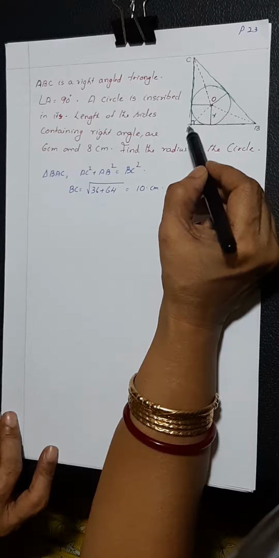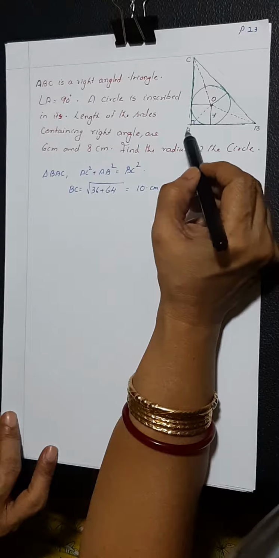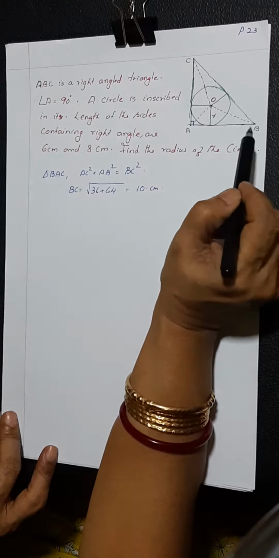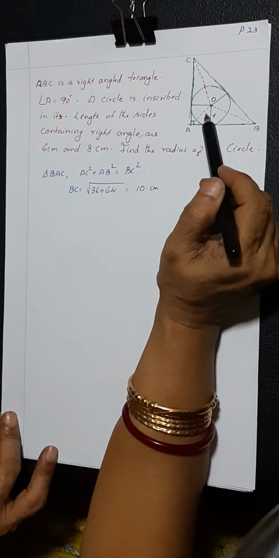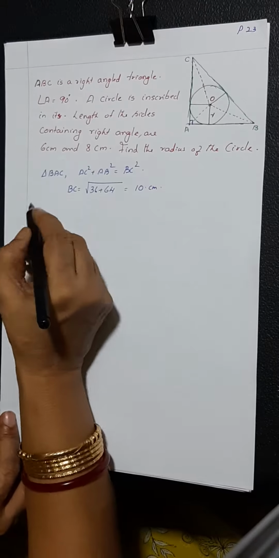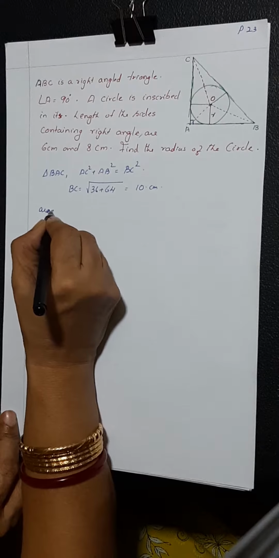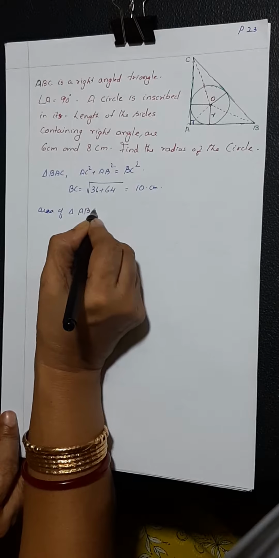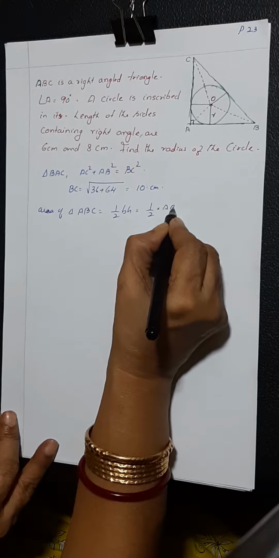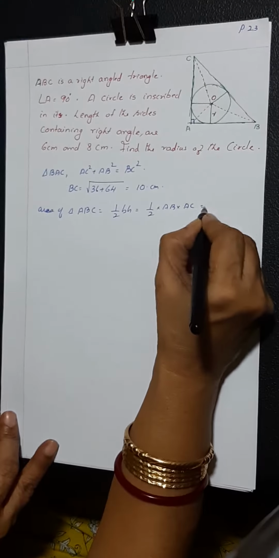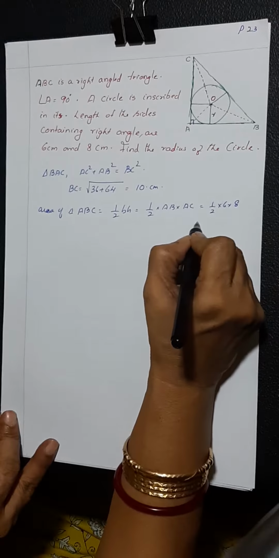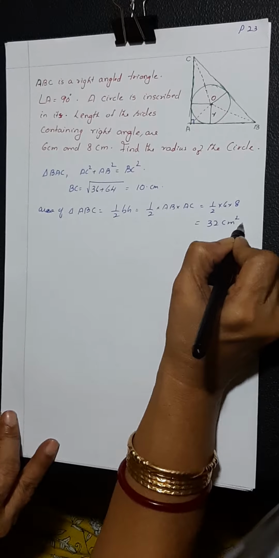So what we can do is we can find the area of the sum of all the three small triangles, triangle AOB, area of triangle BOC and AOC, and equate with the area of the triangle using the formula half base height. So area of triangle ABC is equal to half into AB into AC, so that is equal to half into 6 into 8, that is equal to 24 centimeter squared.